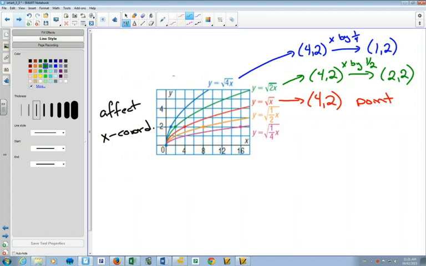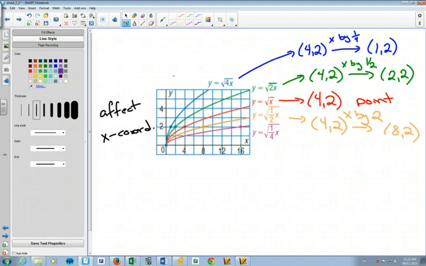The y-coordinate doesn't change, but the x-coordinate gets multiplied by 1/2. And now that we have a 1/2 inside, if you do the reciprocal, which means just flip the fraction, that'll be 2 over 1. You'd multiply your x-coordinate by 2. And that would change our point to 8, 2.